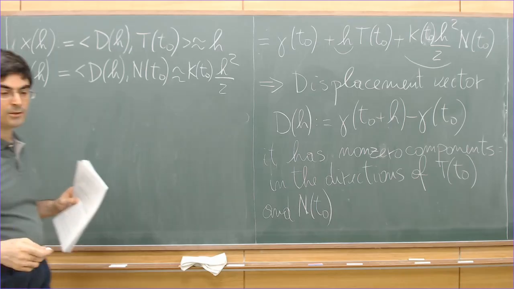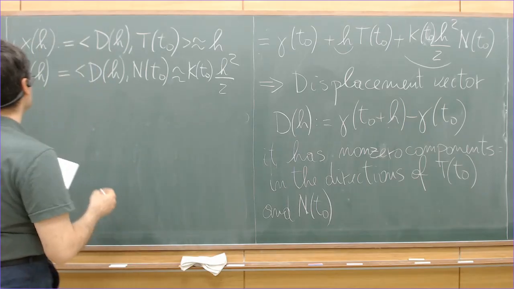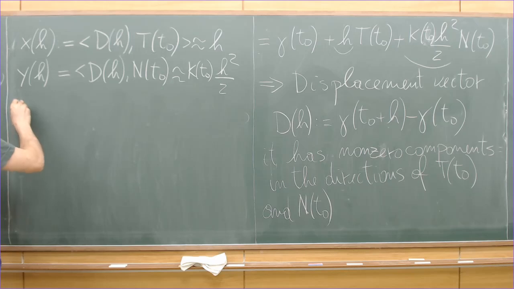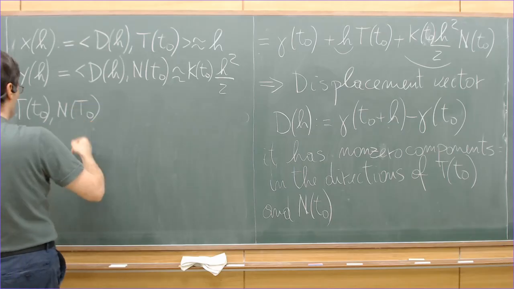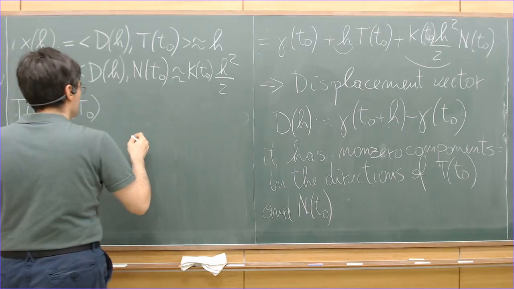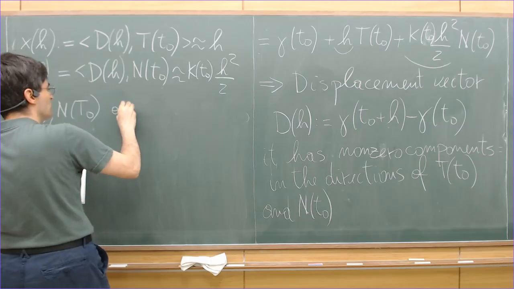We already know that the vectors T of t0 and N of t0 have unit length and they are orthogonal, so they are orthonormal.